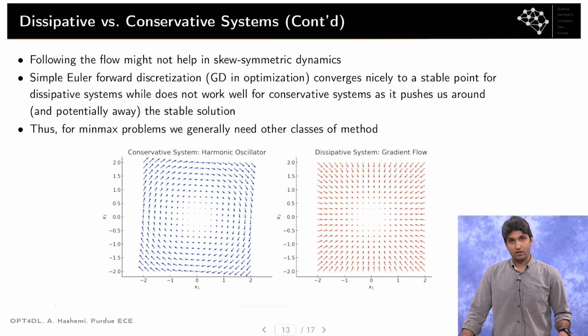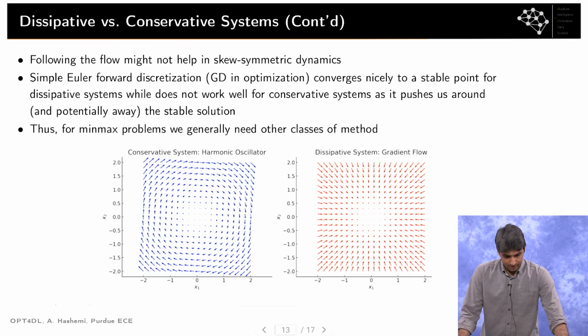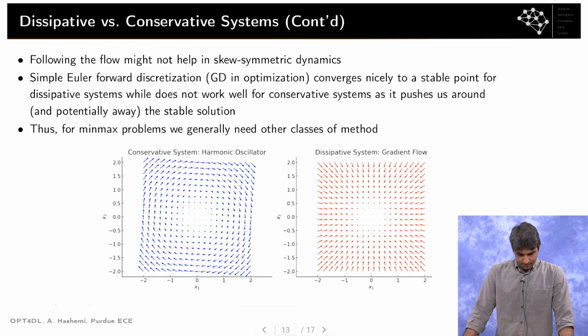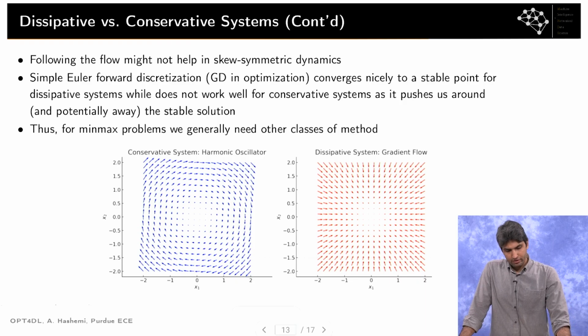Given that we are conserving energy, we have this rotation, like the harmonic oscillator, such that following the flow locally is not necessarily going to be helpful. On the other hand, for a dissipative system, that's not the case. The flow points in the direction of decrease, and points in particular to the equilibrium.